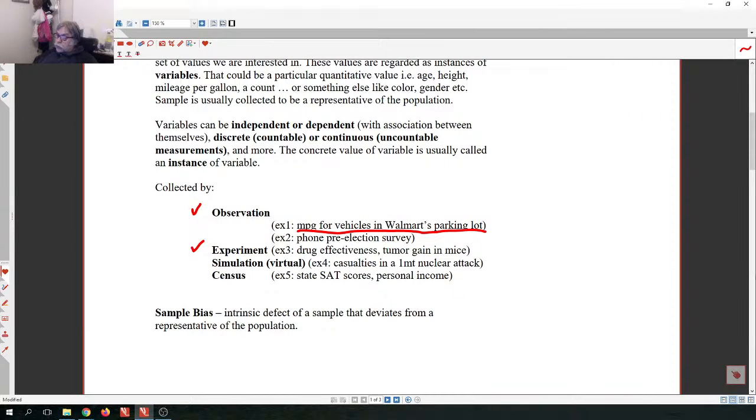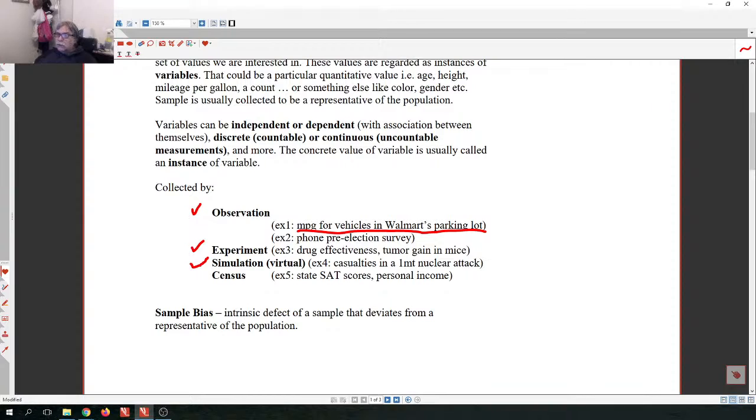Then you could also make a simulation, collecting data by way of simulation. That is in the case when something is too expensive or too dangerous to do by observation. For example, a 1 megaton nuclear attack is something that we would certainly not be able to create as a realistic situation. We could not nuke anything.